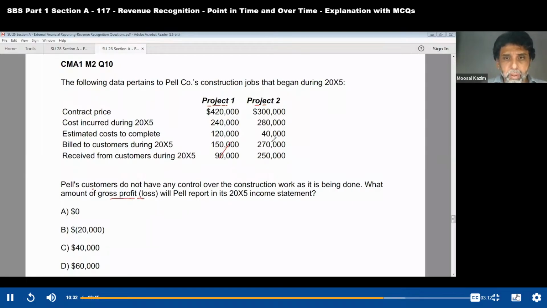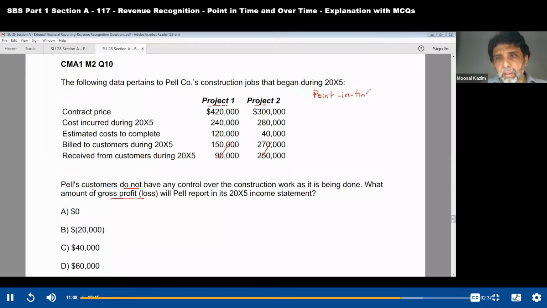So you just ignore it, because we are going to recognize revenue based on progress, or based on whether it's over time or point in time, right? We will not recognize revenue by the amount we are going to bill the customers or the amount received from the customers, both for over time and point in time. So now, when customers do not have control over the construction work as it's being done, then it should be accounted at point in time.